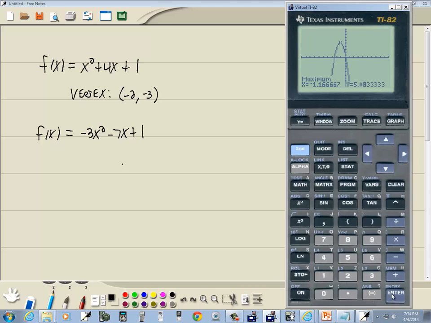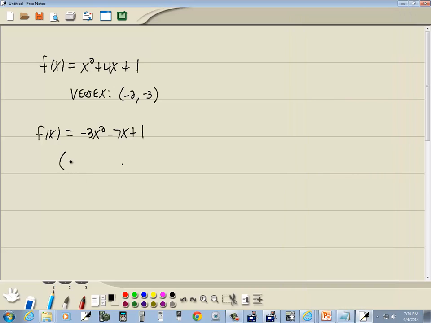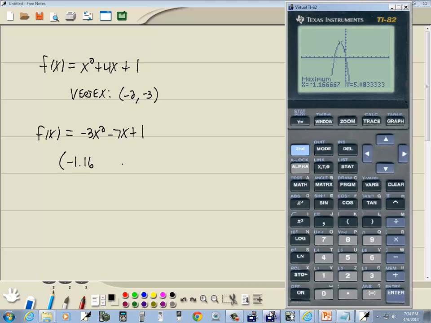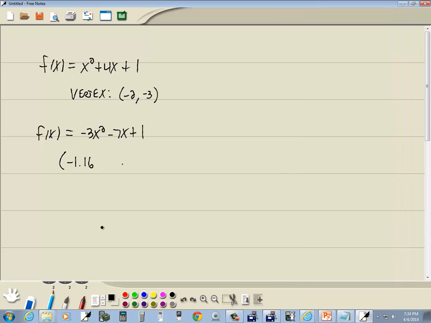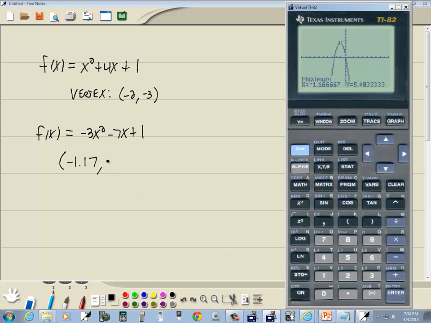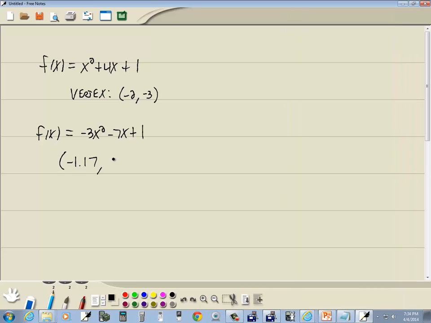Now here we got -1.16, and I better not Alt-Tab to it. Let me just click. Okay, it's 7, and then 5.08, taking them to 2 decimal places.